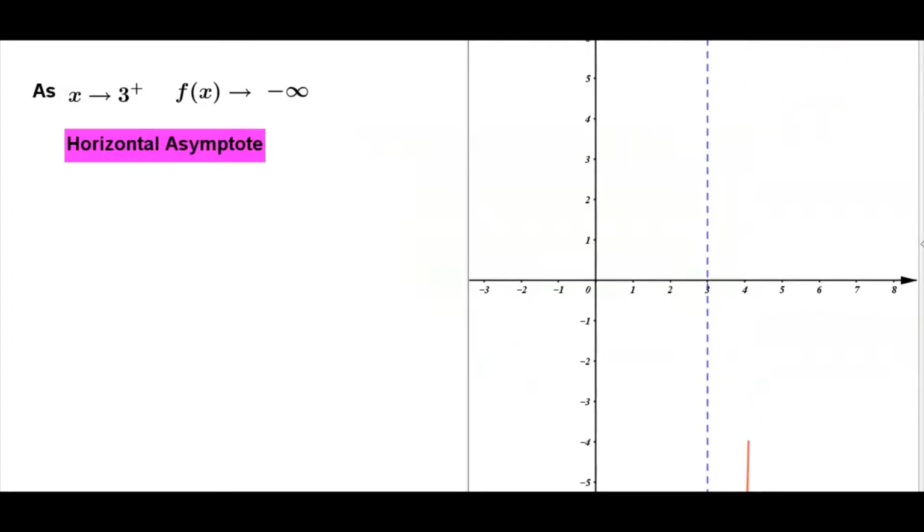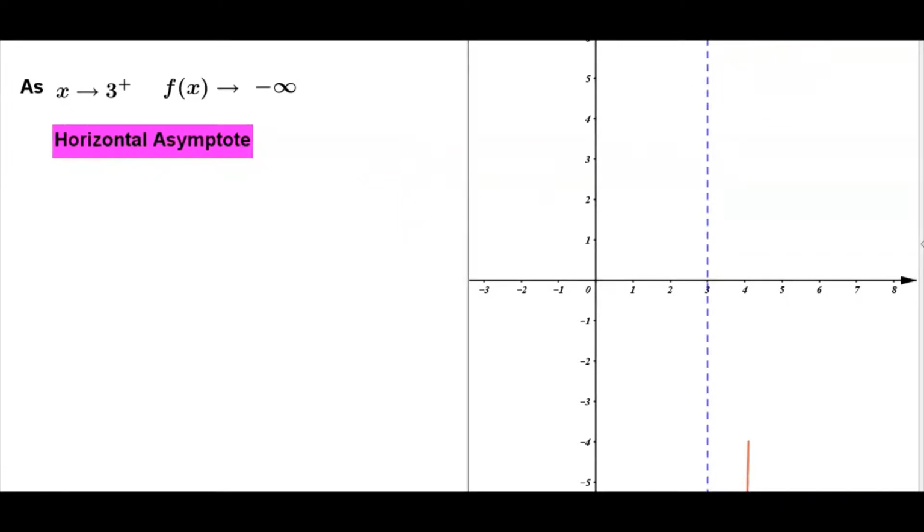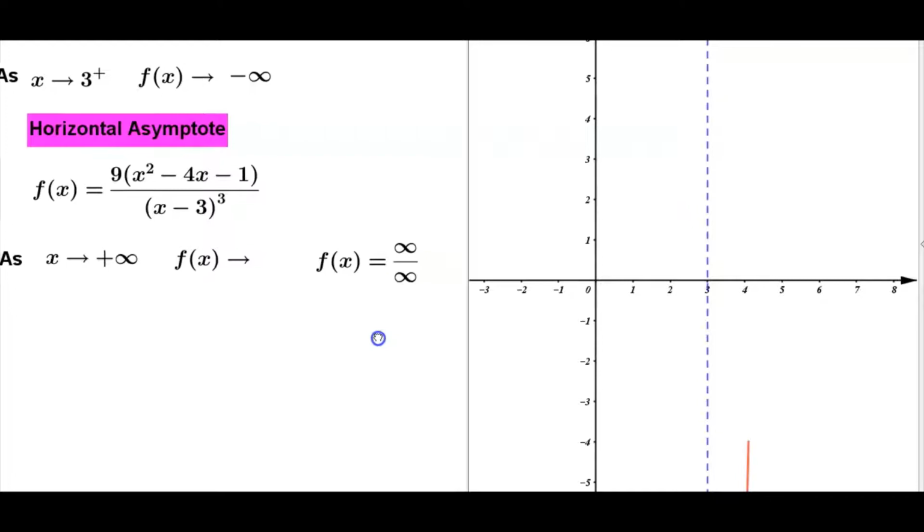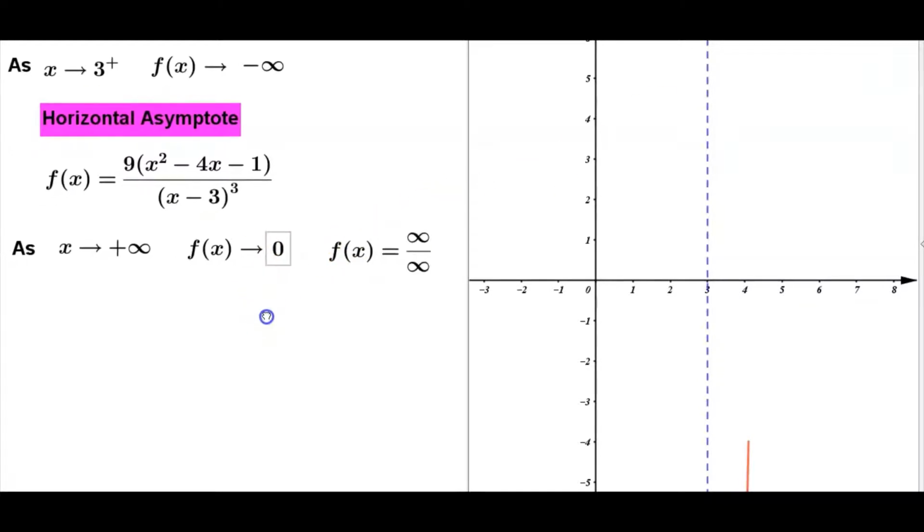Now, we consider the horizontal asymptote. How do we find the horizontal asymptote? f(x) is equal to 9 into x squared minus 4x minus 1 over (x minus 3) to the power 3. As x tends to plus infinity, what about f(x)? The numerator is infinity, the denominator is also infinity, but the denominator grows faster, therefore this tends to 0.